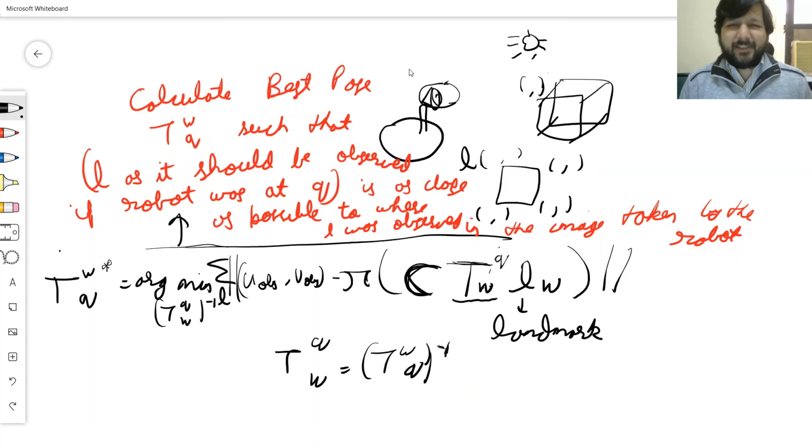So intuitively, I have a camera and an object, and I know where this object is in my camera's coordinate frame. I know where this object is in the world coordinate frame, so I can calculate where this camera is in the world coordinate frame, and that's the problem of localization. Simple enough.